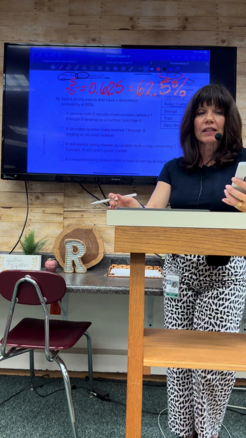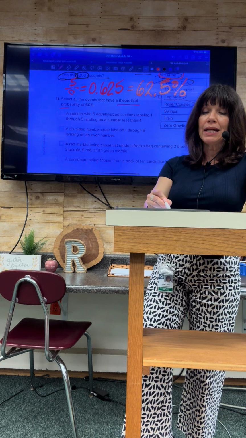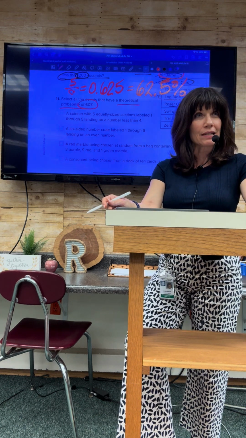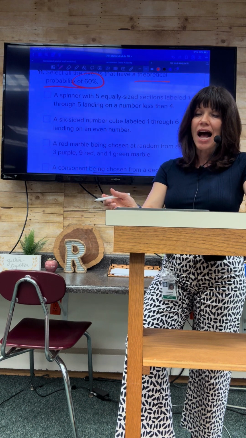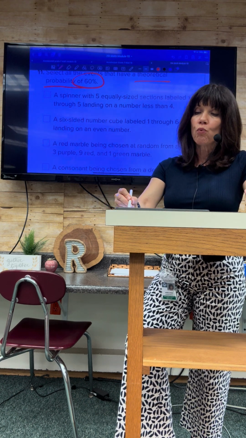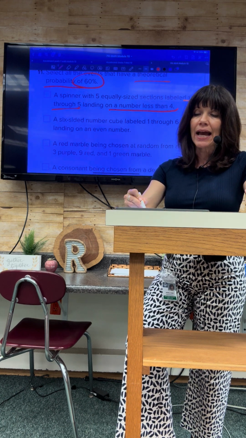Number 11. Select all the events that have a theoretical probability of 60%. Let's see. A spinner with 5 equally sized sections, labeled 1 through 5, landing on a number less than 4.